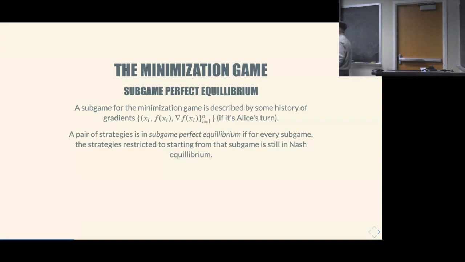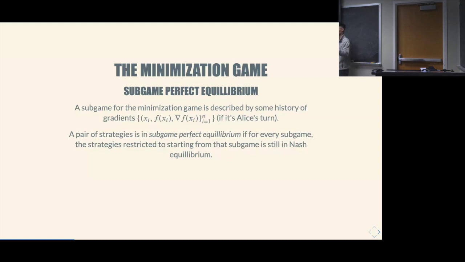But we want to model the following situation, which is that at every stage of this game, I'm going to have developed some number of query points and some number of function values and some number of gradients. And you imagine that at, let's say, some iteration n, those values are locked in place. This is what we call a subgame.